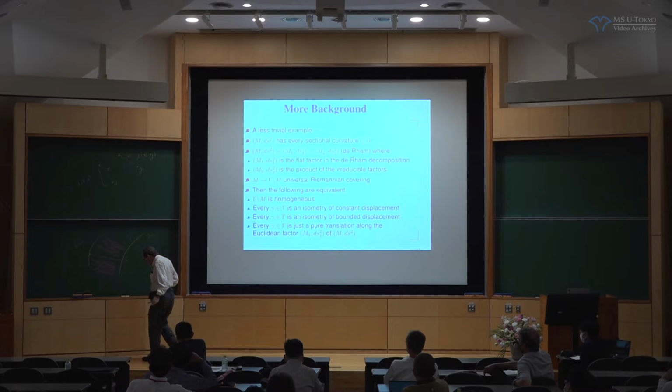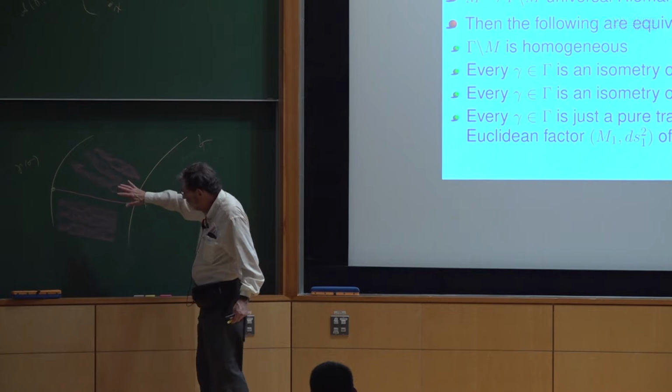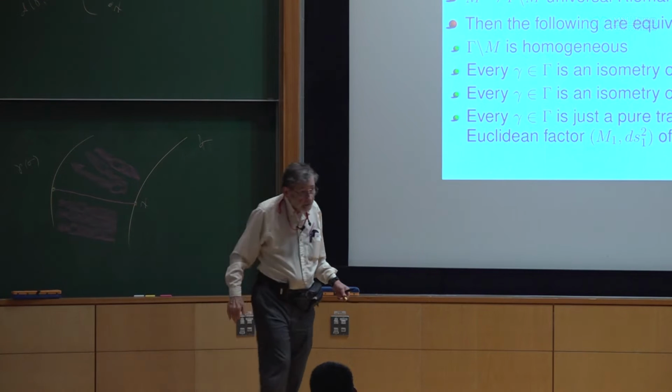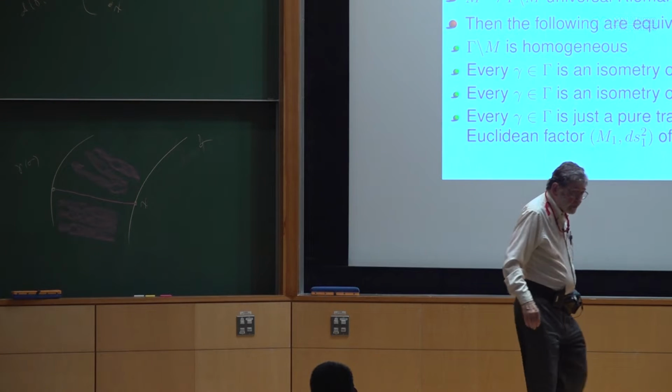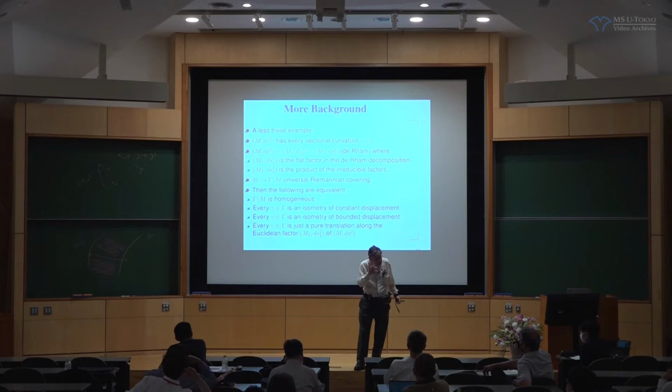Now, if you look at the structure equations, you see that this is going to be totally geodesic, curvature less than or equal to 0, but it's going to be flat in between and totally geodesic. So there's something wrong unless you're in the Euclidean factor.